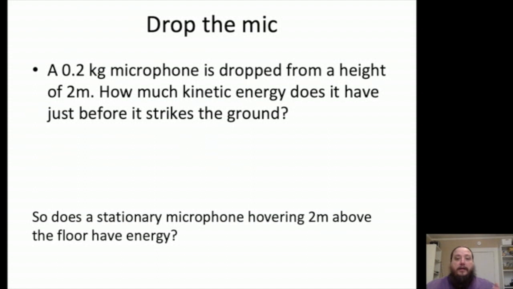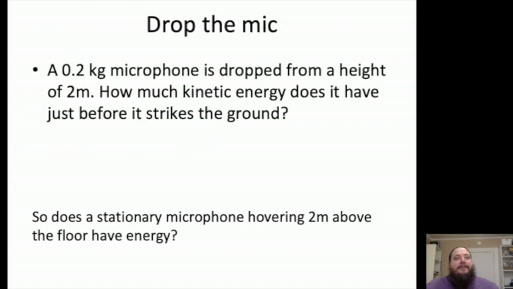Remember, we did the problem with the weightlifter, and we asked, how much work did the weightlifter do lifting the weights? And then we found that the weights didn't have any more motion at the top than they did at the bottom, so we were doing work on the weights by lifting them, but that energy was being stolen because gravity was doing negative work in the opposite direction.